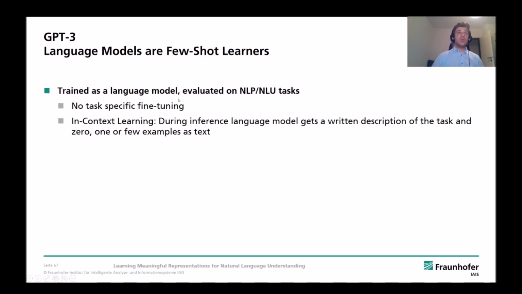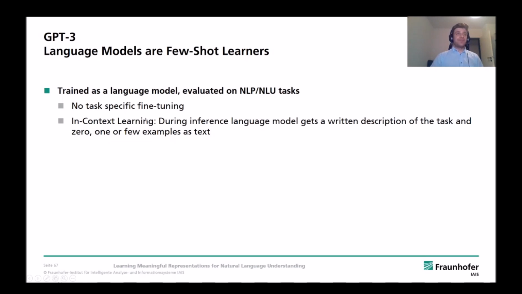And they did not do any specific fine-tuning. In their paper, Language Models Are Few-Shot Learners, they demonstrate that GPT-3 is able to perform specific tasks without task-specific fine-tuning.